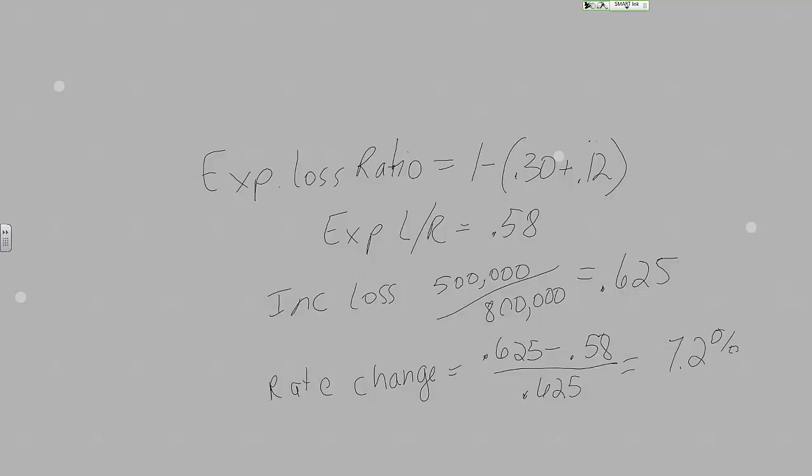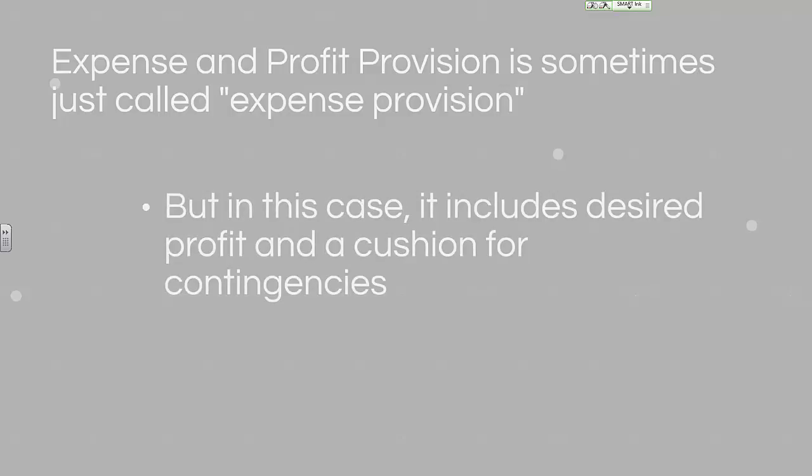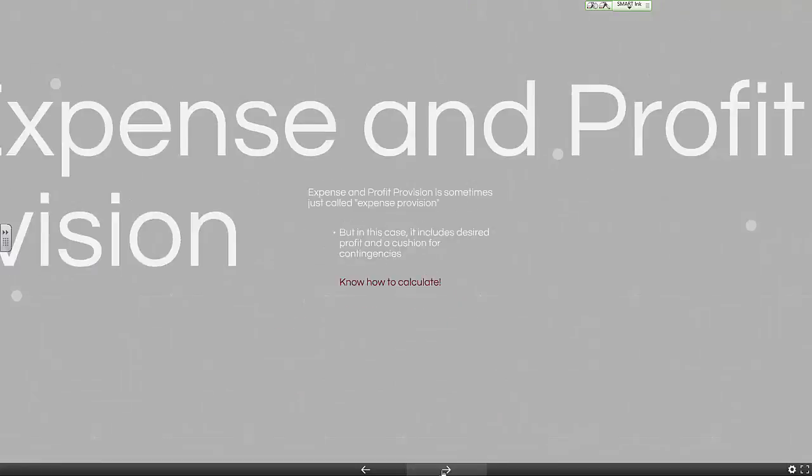That equals 7.2%. That is our indicated rate change. Note that the expense and profit provision is sometimes just called the expense provision, but in this case, it does include the desired profit and a cushion for contingencies. And again, you should know how to calculate this.